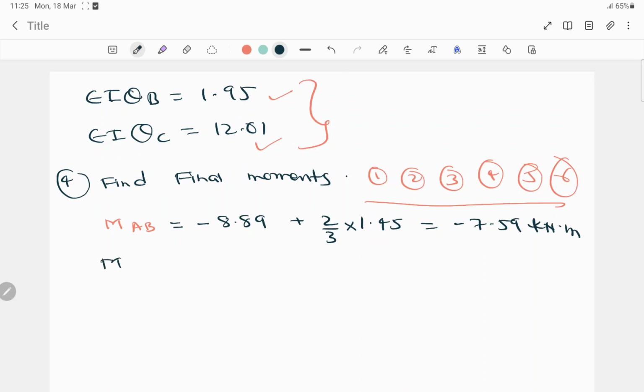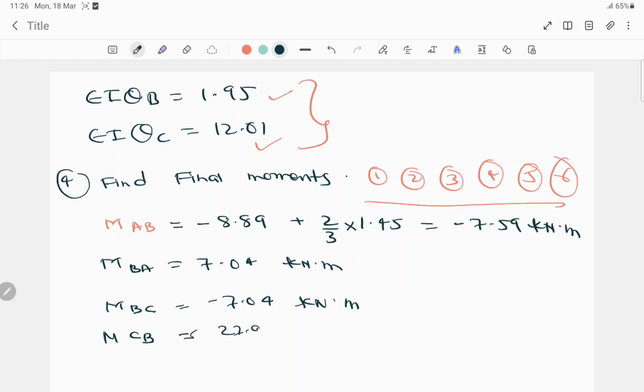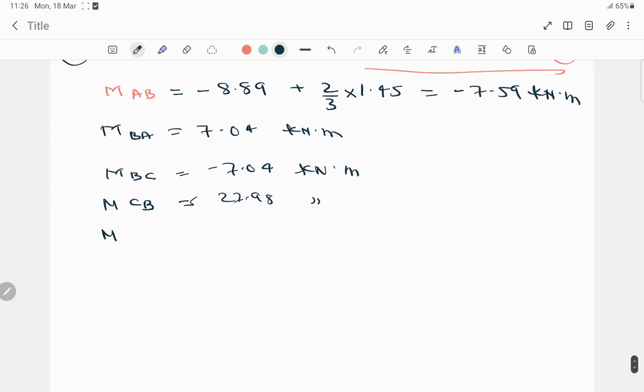Like this we put all the values in all the equations, so I'll directly write the answers. MBA will be 7.04 kilonewton meter, MBC will be minus 7.04 kilonewton meter, moment for C to B will be 27.98 kilonewton meter, moment for C to D will be minus 27.99, and moment from D to C is equal to 46.005 kilonewton meter.